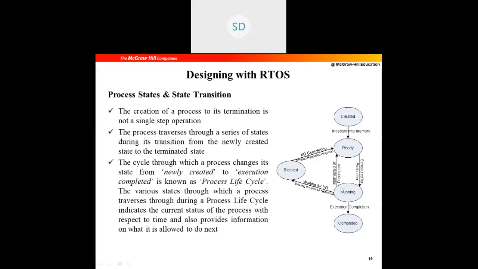The high priority interrupt should be serviced at any cost. So the present running process will be stopped and the high priority task will be executed. Therefore, the running of the previous process will be interrupted. Again, it enters the ready state, and the high priority task will be in the running state.